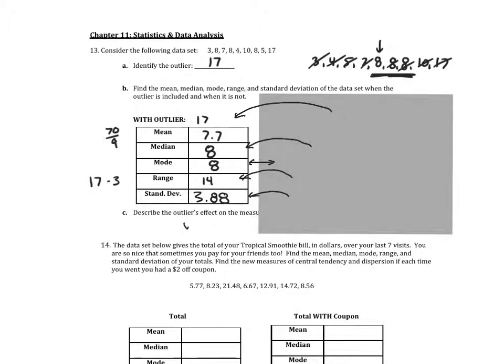So when we added the outlier, everything increased except the mode stayed the same. Or you could say it the other way around. You could say all our numbers decreased when we took out the outlier.